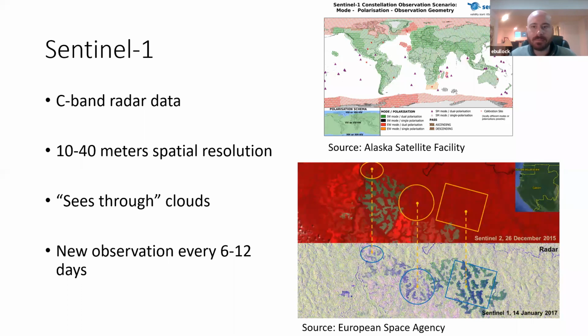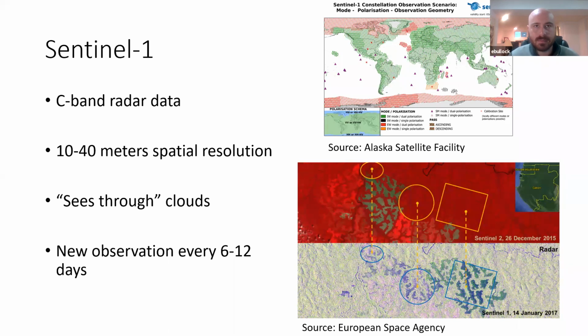One really useful part of Sentinel-1, for us at least, is that there are new observations every 6 to 12 days. So if you think of creating a monitoring system, you want repeated observations, and ideally you want frequent observations. So it's a useful sensor in that regard.